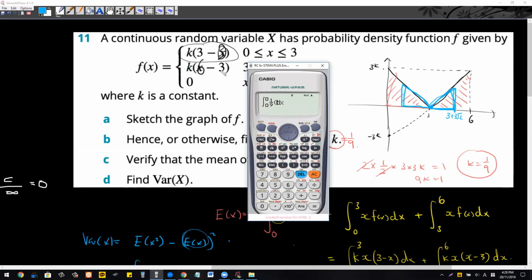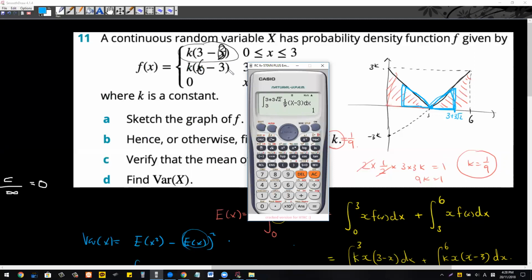So it is x, x minus 3, and then if I integrate from 3 to 3 plus 3 root 2, that's not right.